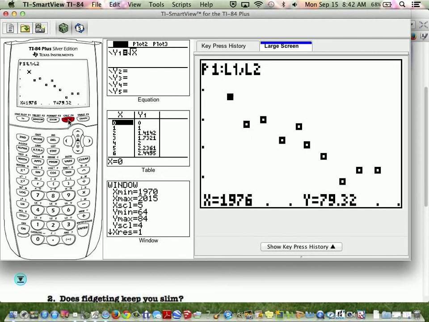So if I pick that dot that's blinking, I can go down. Oh, trace. Go to the right. Now I'm on that one. Go to the right. I'm on that one. Go to the right. So you see how you can use your calculator to get the exact point?